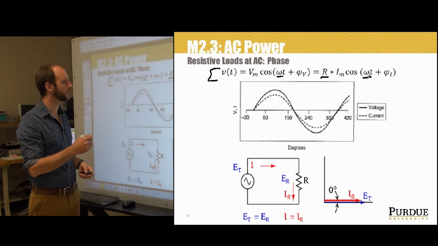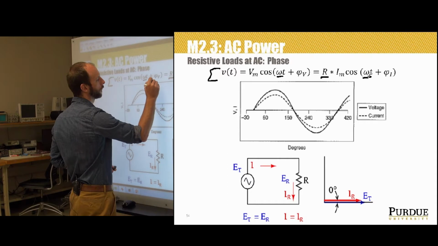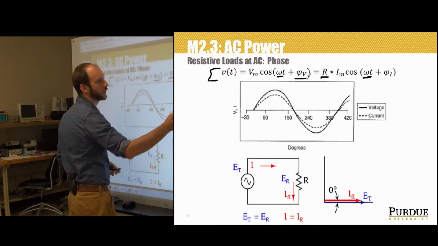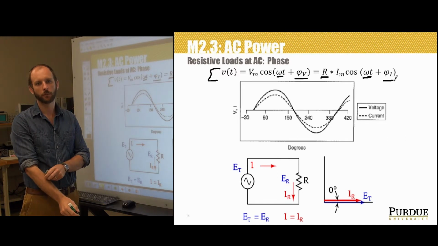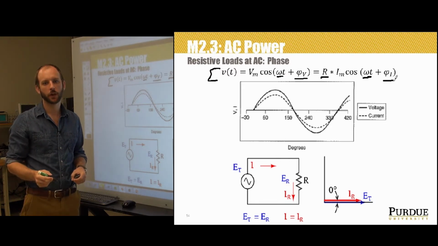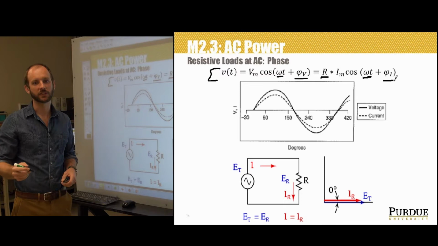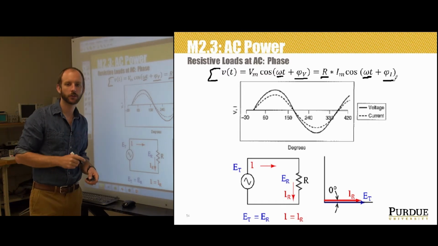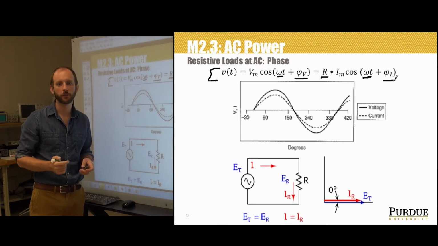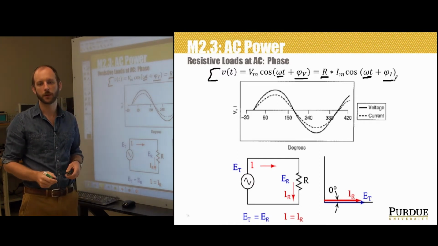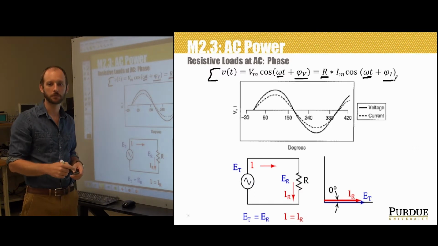For resistive devices, we'll find that phi sub v and phi sub I have to be the same. So you'll see that the phase is also the same. What this tells us is that since frequency is the same and phase is the same, resistance has no effect whatsoever on the timing of the AC waveform, only on its magnitude.